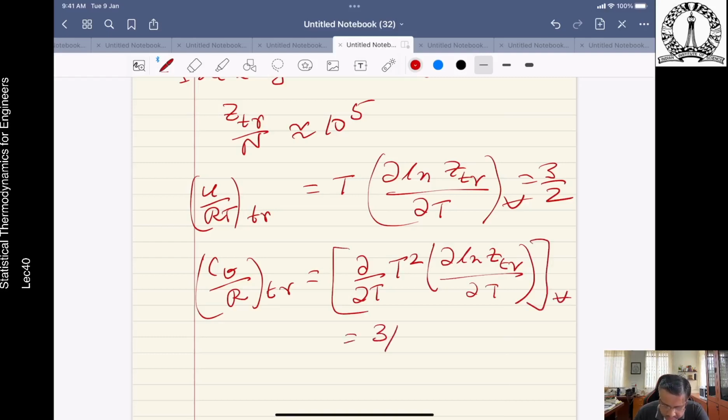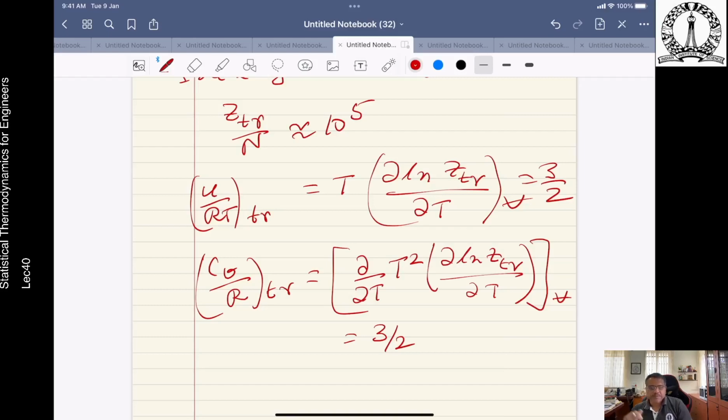Is also equal to 3 by 2. Therefore, the translational contribution to the internal energy is 1.5 RT, and to the specific heat capacity is 1.5 R, which is as you expect from the equipartition principle.